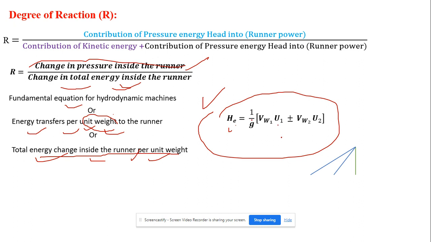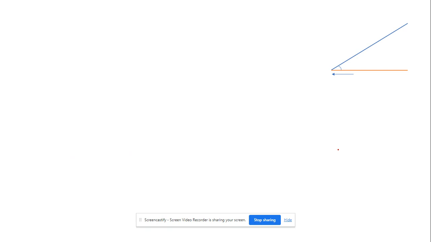minus Vw2 U2. We can also observe the inlet velocity diagram for the inward radial reaction turbine, or we can consider it as the Francis turbine. We call U1 the velocity of the blade, Vw1 the whirl velocity, and Vr1 the relative velocity of the water striking the blade with respect to the velocity of the blade.